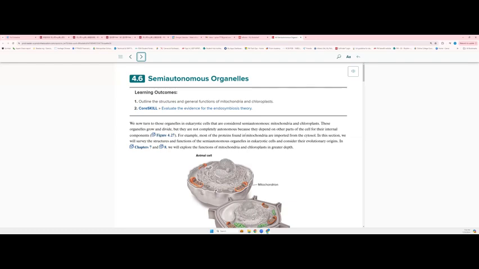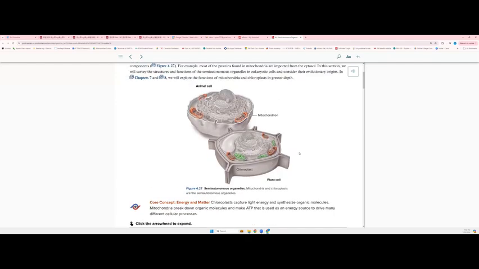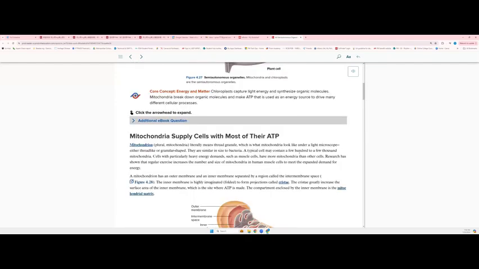Let's talk more about the details of these two organelles. So first, mitochondria. The size is very similar to bacteria, and mitochondria is very common in most cells since it can provide ATP energy resource.